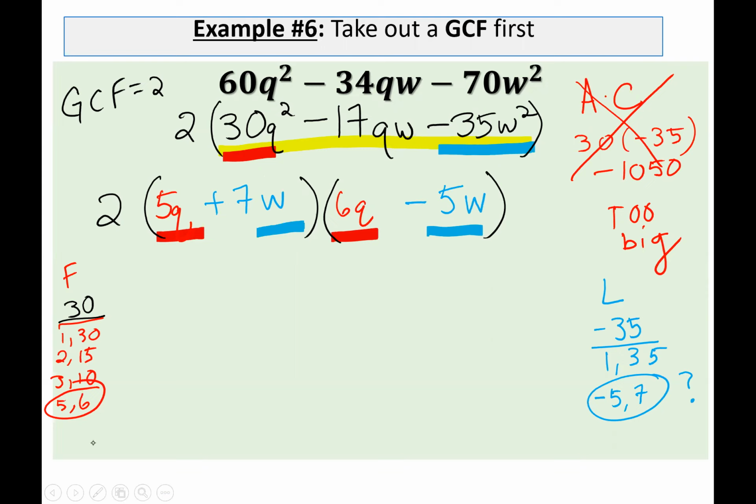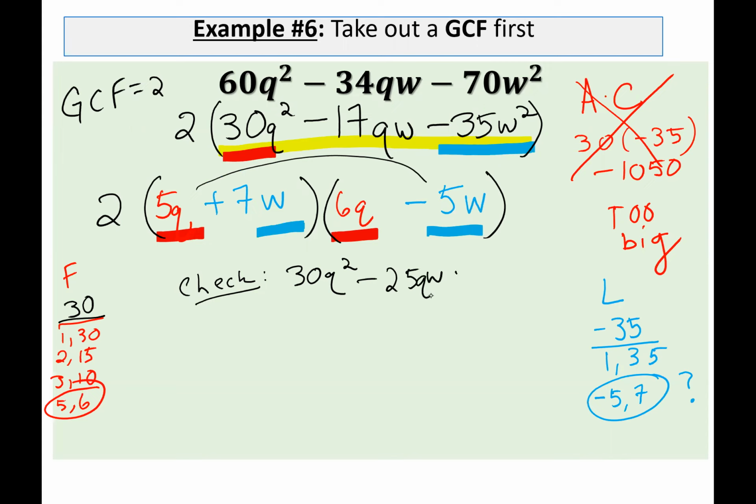All right, so let's check by distributing. So here's what I'm checking. 5q plus 7w times 6q minus 5w. Okay. 5q times 6q is 30q squared. We already knew that. 5q times minus 5w, that's minus 25qw.